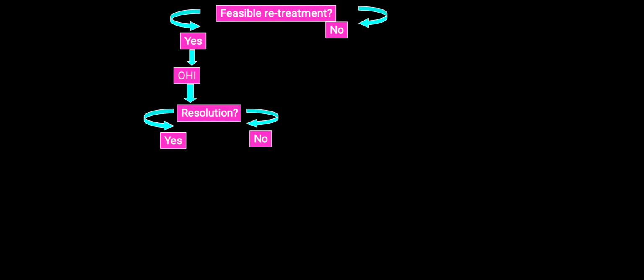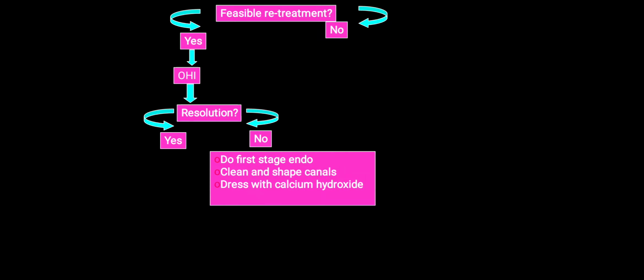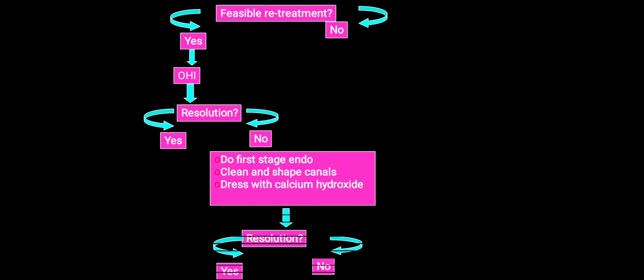Then we put the patient on follow-ups and check for resolution. If there are negative results, then do the first stage endo treatment: cleaning and shaping of the canal, and a calcium hydroxide or Metapex dressing is given to the patient for 1 week or 15 days. Then again we will check for resolution.